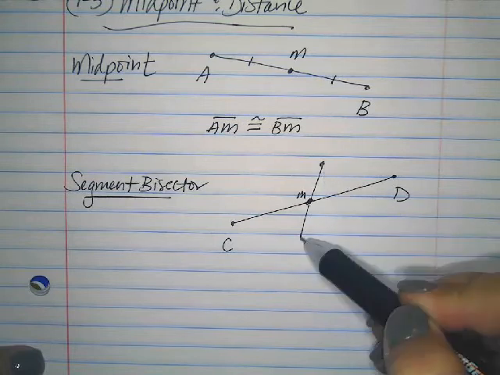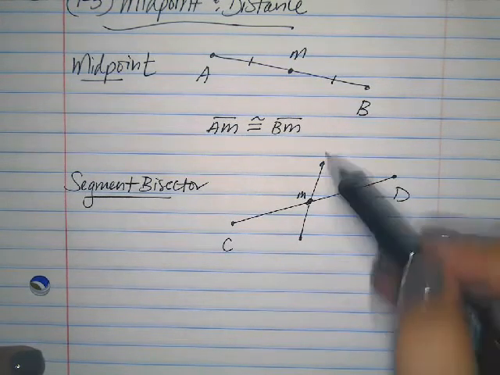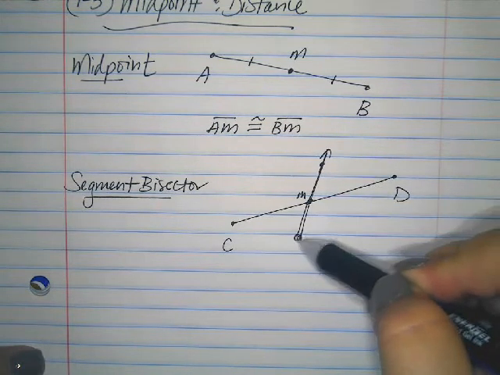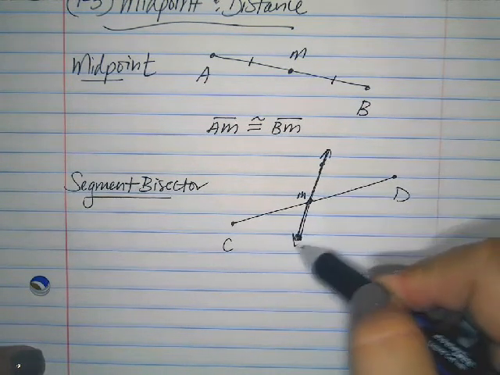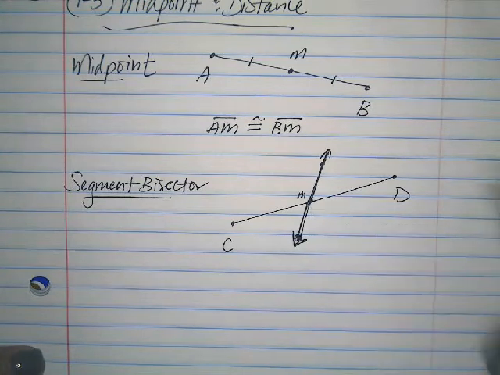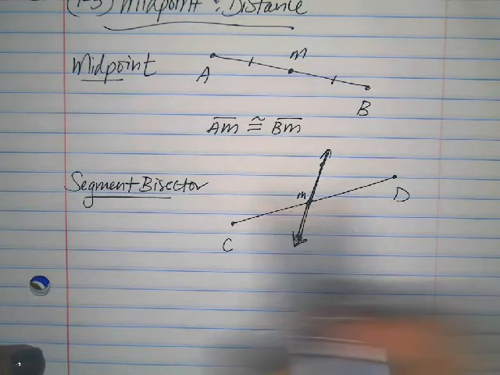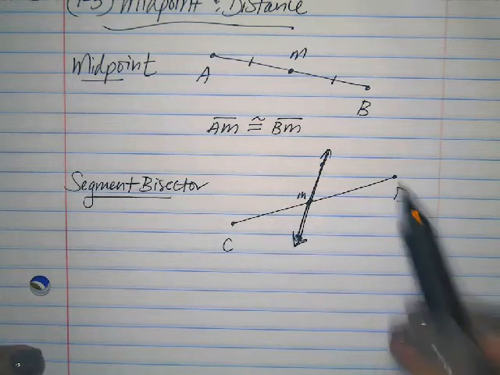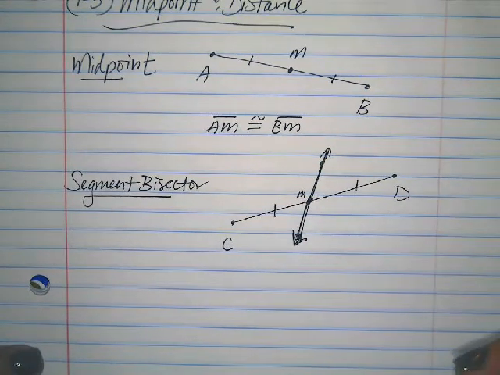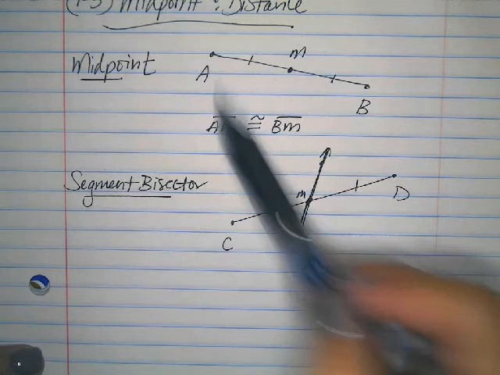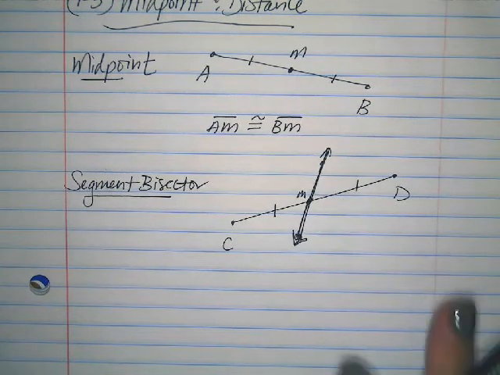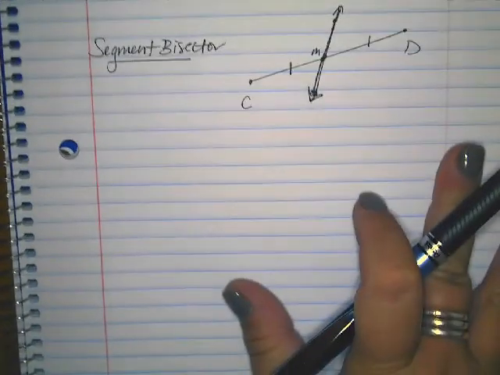It could be another line segment that chopped it in half. It could be a ray, or it could be a line. Essentially, it doesn't matter what it is, because if we call it a bisector, if it's bisecting this segment, it means that these two are the same, which is going to really help us with some of the other pieces that we're going to do.